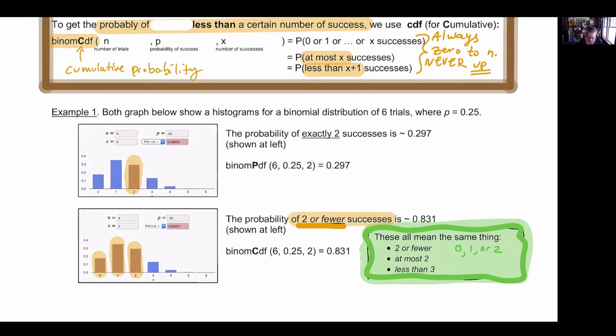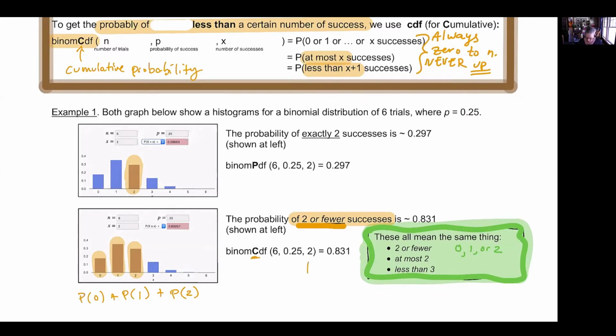And we say cumulative because what we're really doing is finding the probability of 0 successes plus the probability of 1 success plus the probability of 2 successes, just like we did in that last example. Okay, but the nice thing is, in the last example, we had to find those 3 probabilities individually and add them all up. The calculator does that for us when we're using the cumulative probability. So it's doing all that math for us and just spitting out that sum. And so notice we're doing 2 or fewer.